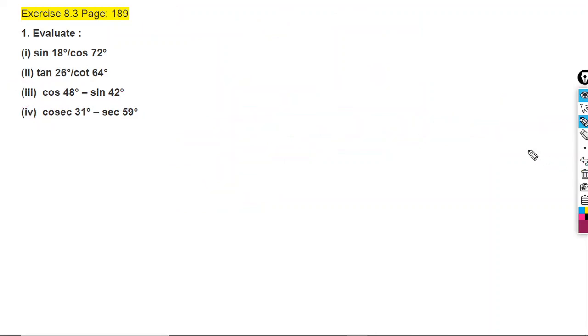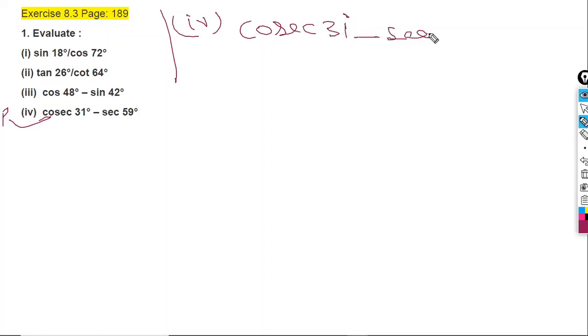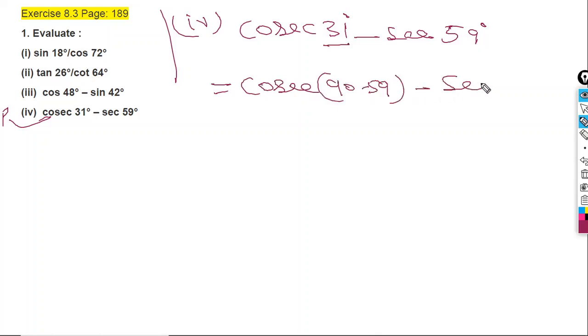Now we will move to (iv). Let's write the question: cosec 31 degree minus sec 59 degree. Instead of 31 we can write 90 minus 59. So we will write cosec (90 minus 59) minus sec 59 degree.